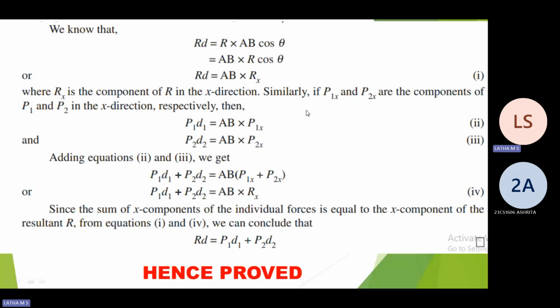Now, as I did for R, similarly I can do it for P1 and P2, isn't it? So P1x is equal to, what I get? I skipped one step there, I didn't write all that. I directly put as P1x and P2x. I directly skipped one step and wrote P1 D1 is equal to AB P1x, and P2 D2 is equal to AB P2x.